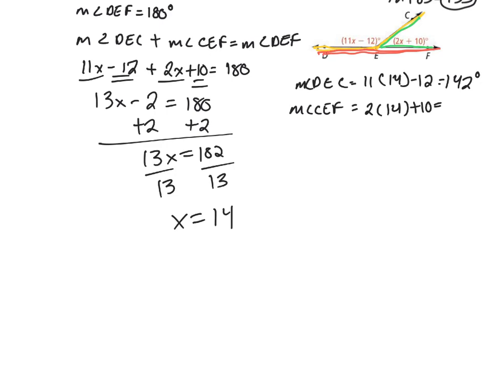And 2 times 14 plus 10 gives me 38 degrees. Now, 142 plus 38 is equal to 180, okay? Now, 180 is the measurement of a straight angle, and that is exactly what angle DEF is. So we know that our math is done, and it is correct.